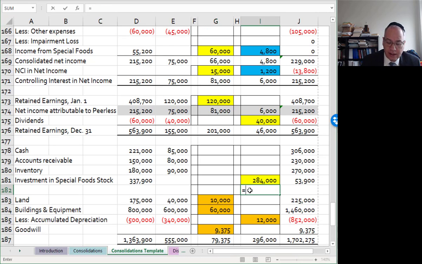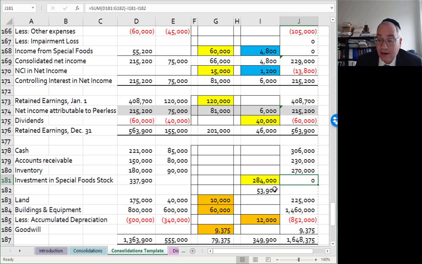And 80% of these are going to be credited to the investment account, for $53,900, and I go whew, that the investment account is zero.